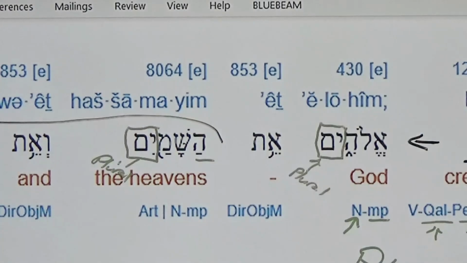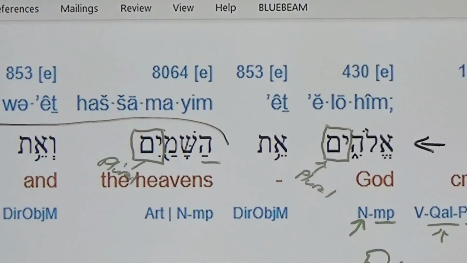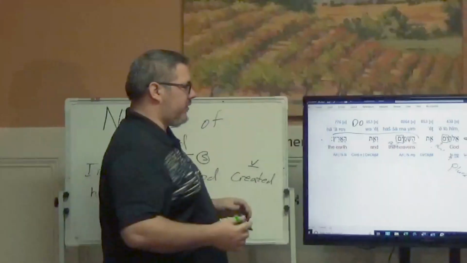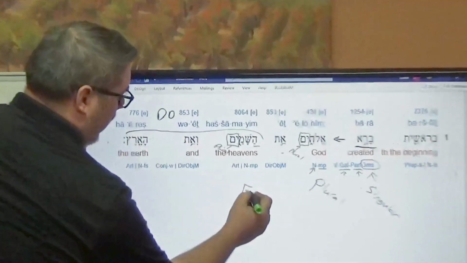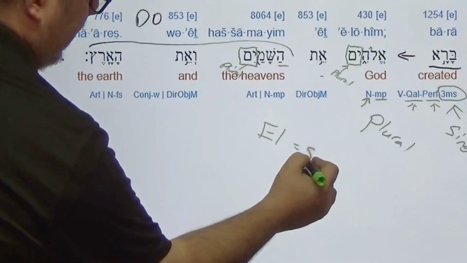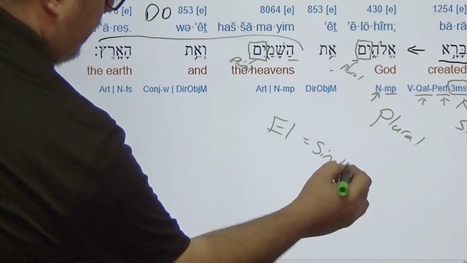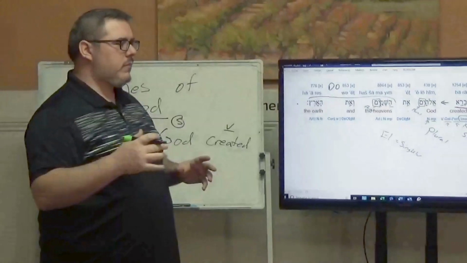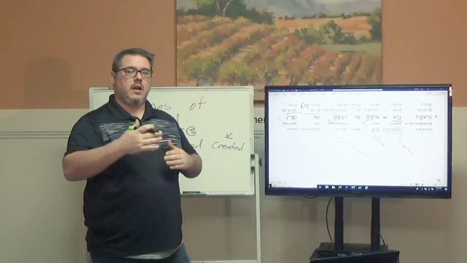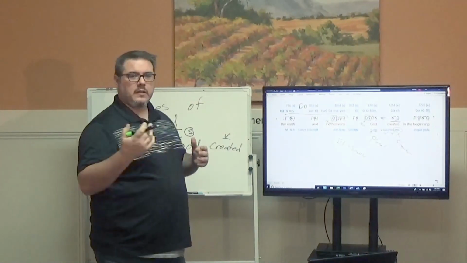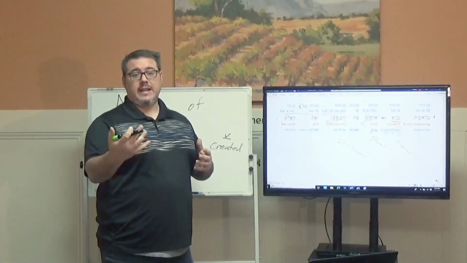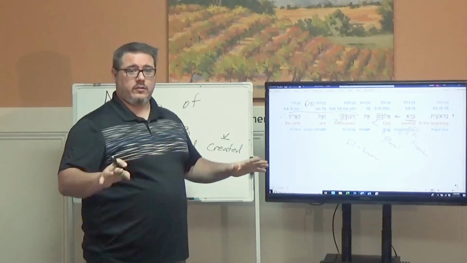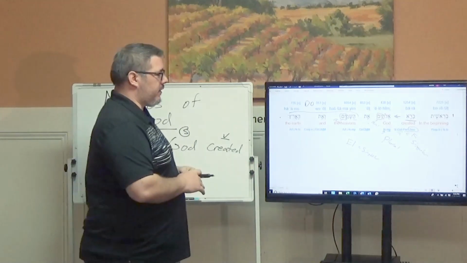Now, some people look at Elohim and they see instances where the scriptures use El instead of Elohim, and they'll sit there and say things like, well, El is the singular. That's actually not true. It's a shortened form. You see the same thing when we get into some of the other names, specifically our next lesson when we get into the covenant name of God, which is always shortened and never spoken in its entirety.